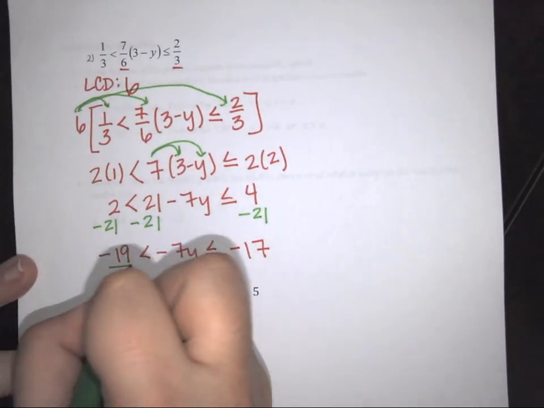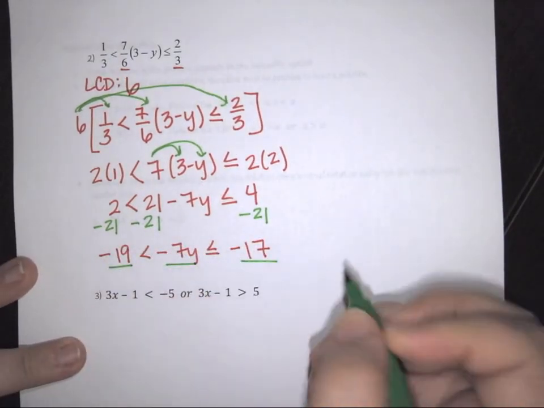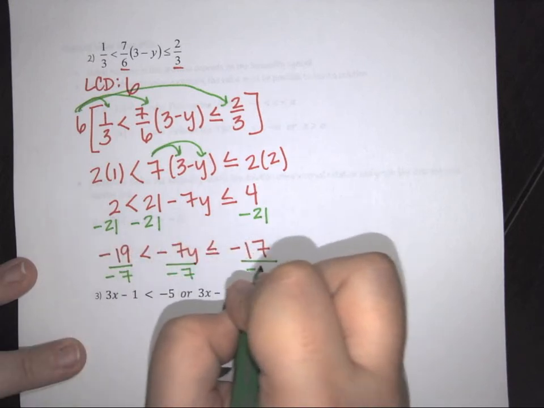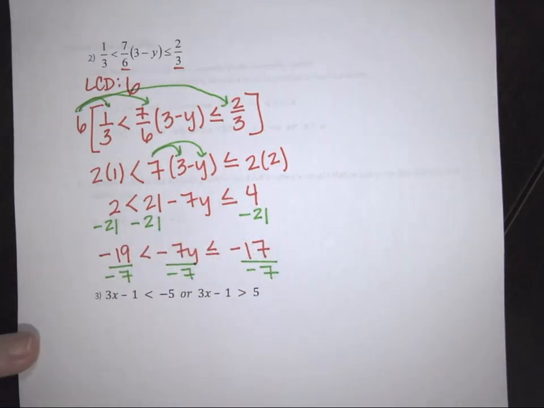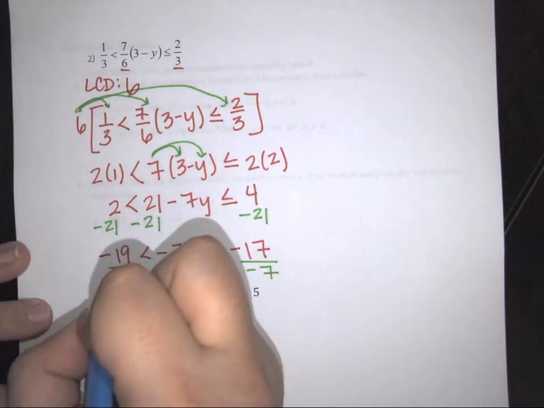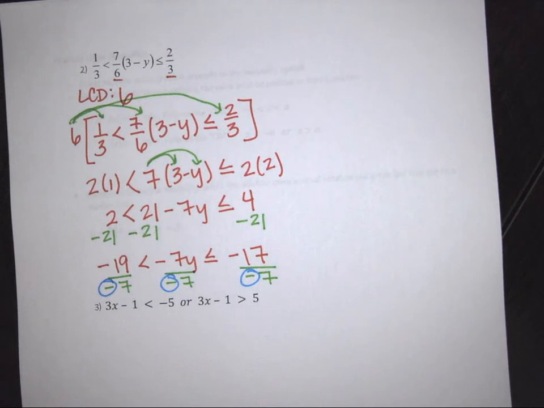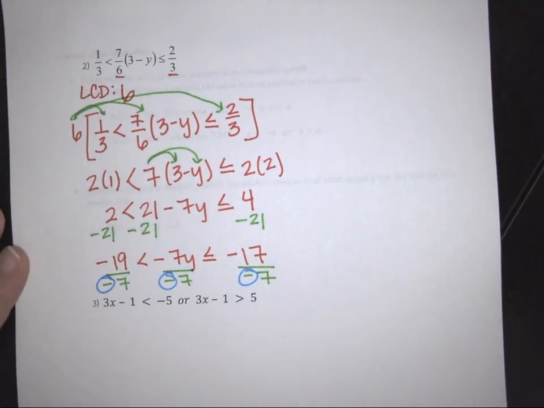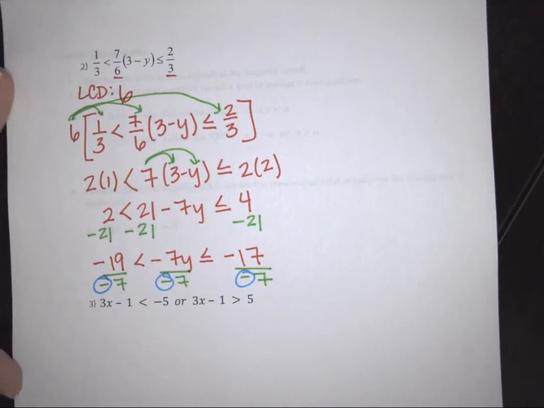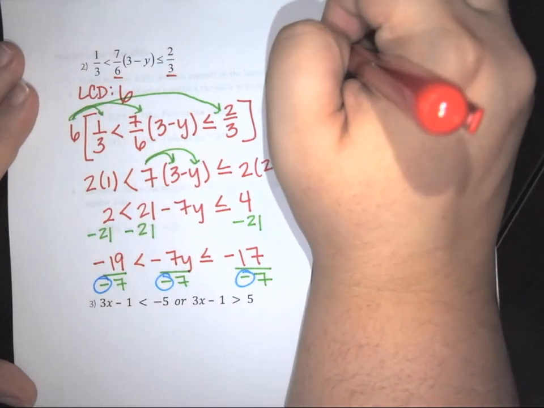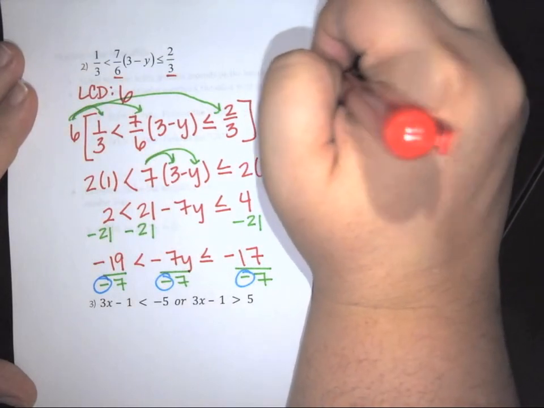I have to divide all 3 by a negative 7. Okay, so what we need to pay attention to is when I divide, notice I've got this negative sign here that I'm dividing by. The rule says if you divide by a negative, you have to flip your inequality signs. So I'm going to have 19 divided by 7.